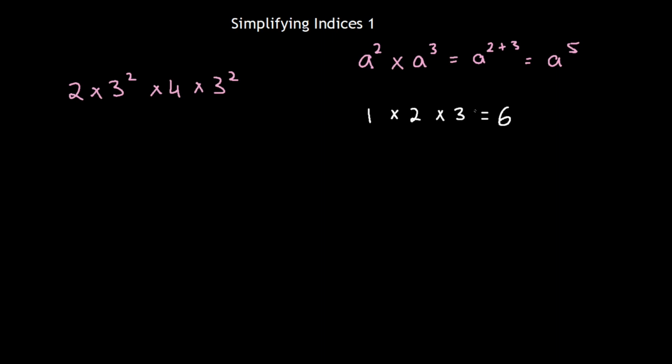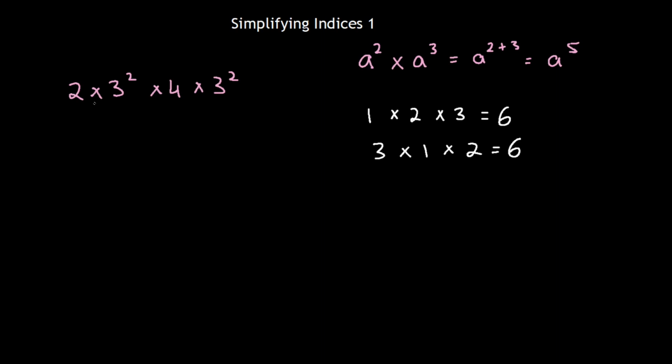Now, if I rearranged the order of these numbers, so if I mix them up or reverse the order, would I get the same answer? So let's try and say 3 times 1 times 2. So 3 times 1 is 3, times 2 is 6. So I end up with the same answer, which means that I can mix up the numbers and still end up with the same answer. So the order does not matter.